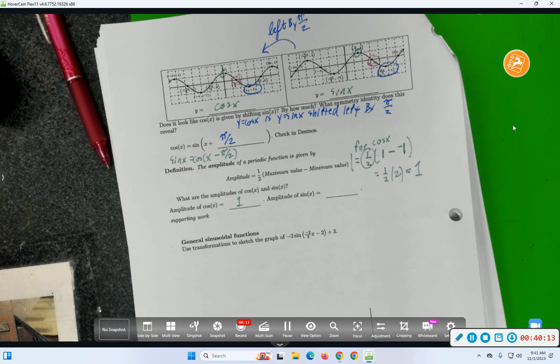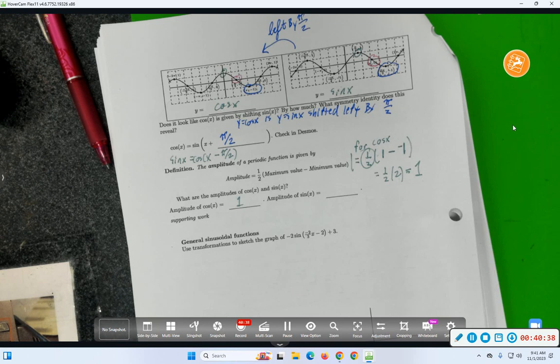I'm going to make an argument for 0. It's above y equals 0 exactly as often as it is below y equals 0. So its average value is 0. You need some more complicated things to really make sense of that. So what's the difference between the maximum value and the average value? It's 1 minus 0, which is 1. So you can get the same thing by taking max minus min over 2.